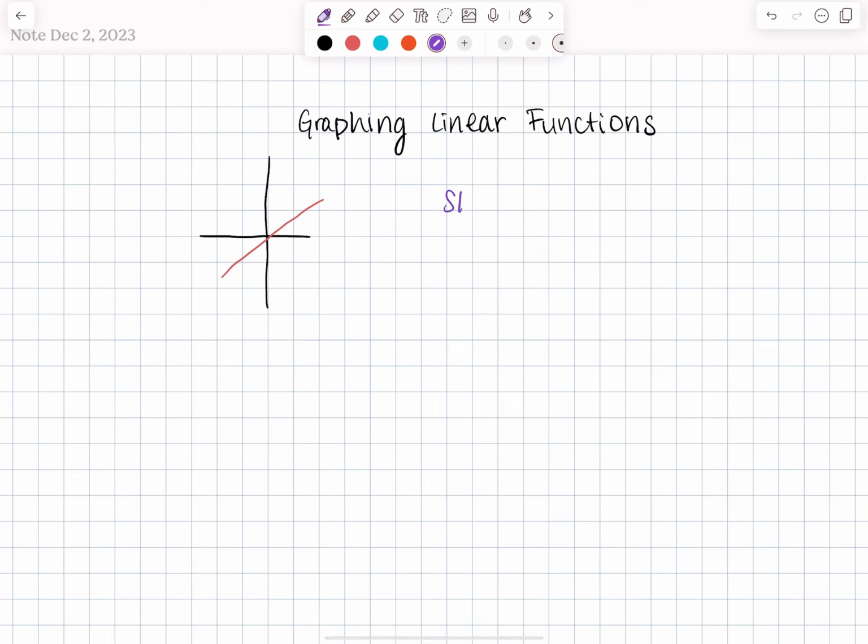So slope form. We write our equation in slope form, and this means y equals mx plus b. In this case, the y is the y value. The m is the slope.